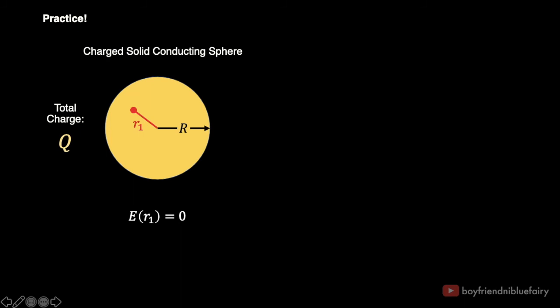If you want to calculate the electric field outside the solid conducting sphere, for example at point P with a distance r sub 2 from the origin of the sphere, then using Gauss's law, you'll be able to get an expression for the electric field that is equal to 1 over 4 pi epsilon naught q over r squared, which is the same as the electric field due to a point charge.